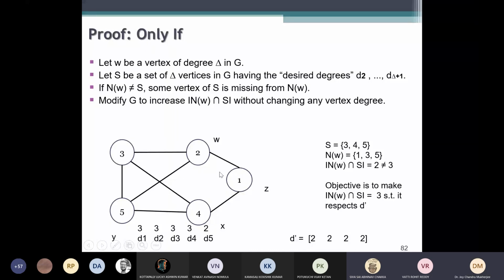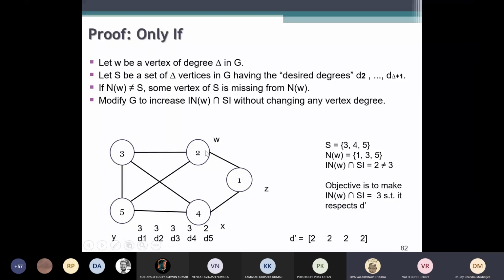Now this algorithm gives you a procedure how to do this. So you have to increase. So 4 is a vertex in S which is not a neighbor of w, and 1 is not in S, but it is a neighbor of w. So somehow you have to delete this and you have to add this.